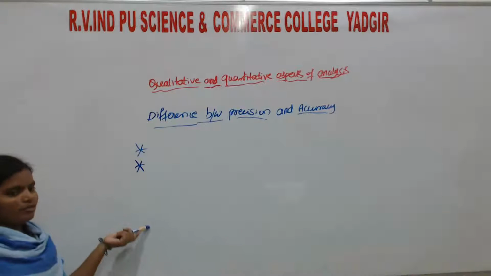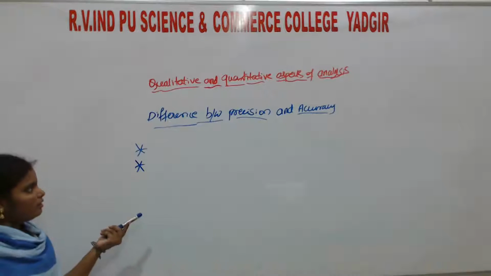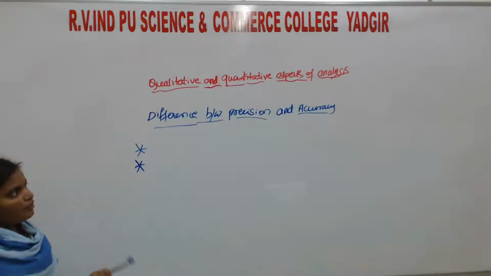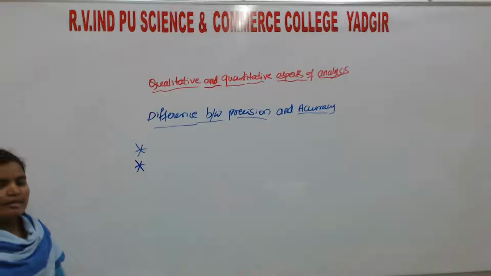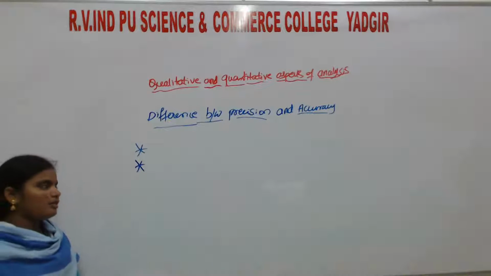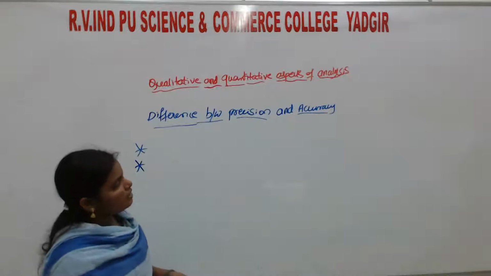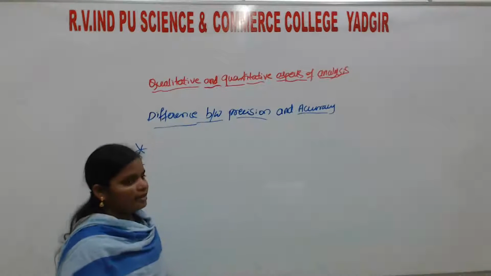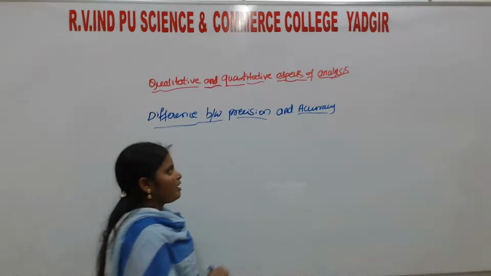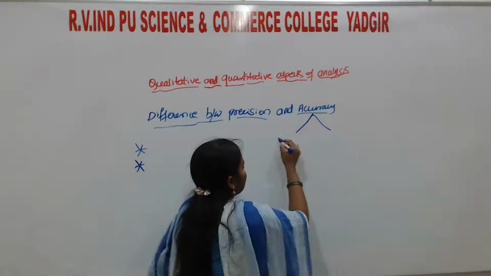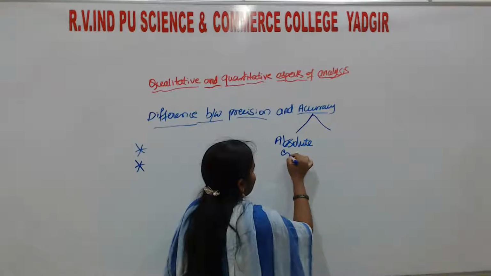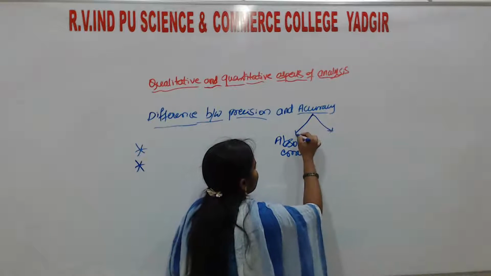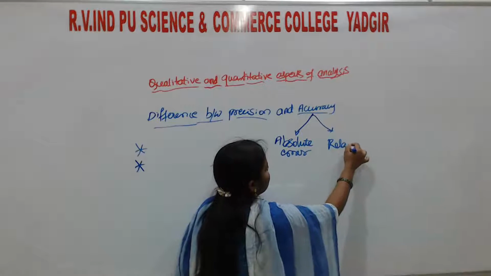The number of observations are found in precision. This is the difference between these two, accuracy and precision. The accuracy is expressed in terms of absolute error and relative error.